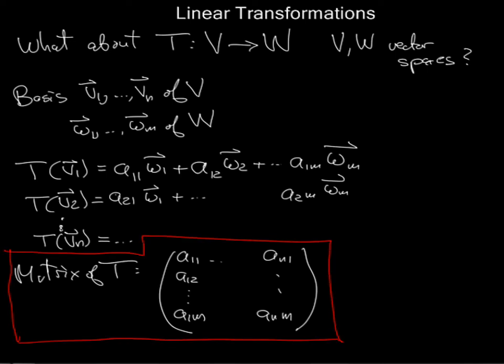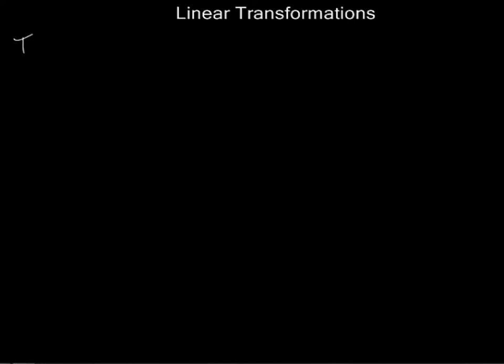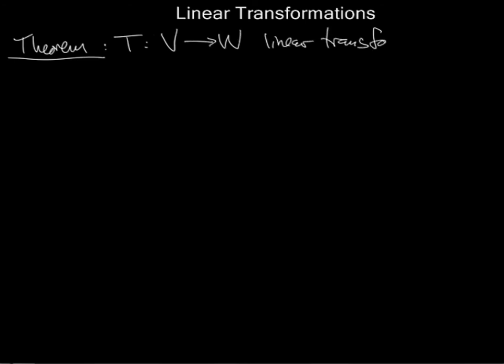So let's state this formally. So I'll state it as a theorem. Suppose T is a linear transformation from V to W. We often like to use T to remind you that it's a transformation, a linear transformation. And suppose the dimension of V is n and W is m dimensional.